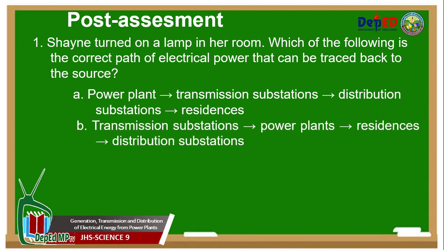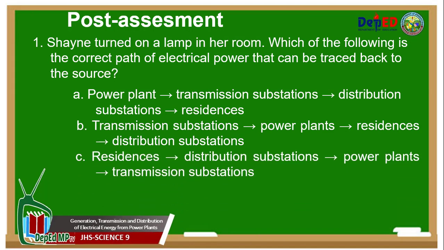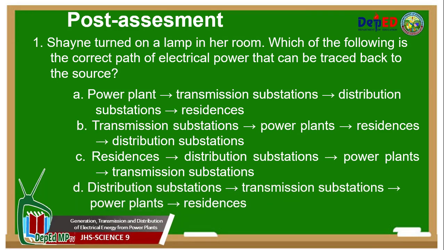B. Transmission substation to power plants to residences and to the distribution substation. C. From the residences to the distribution substation to the power plant and to transmission substation. D. Distribution substation to transmission substation to the power plant and to the residences.